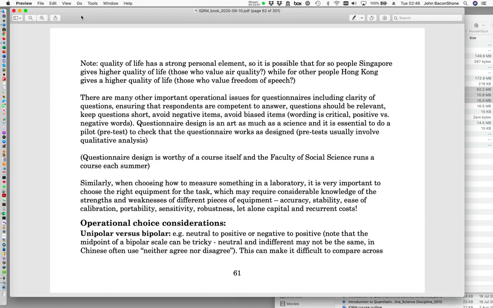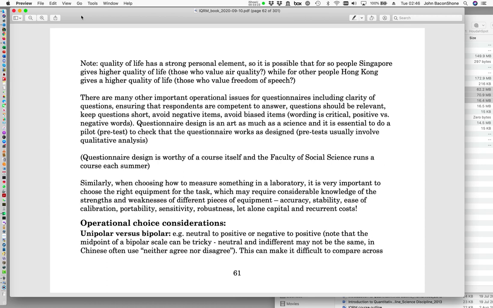Positive and negative words can bias the question. In fact, questionnaire design is arguably an art as much as a science. And one crucial issue is the need to do a pilot or a pre-test to check that your questionnaire works as designed. In other words, nobody should use a measuring instrument without first checking that it works well.